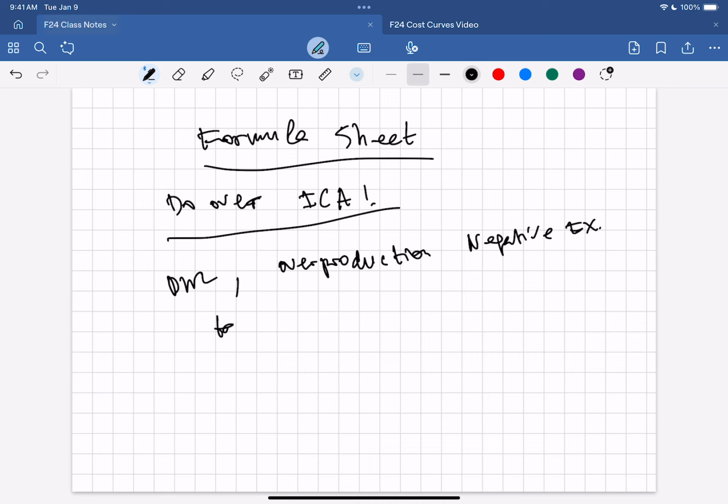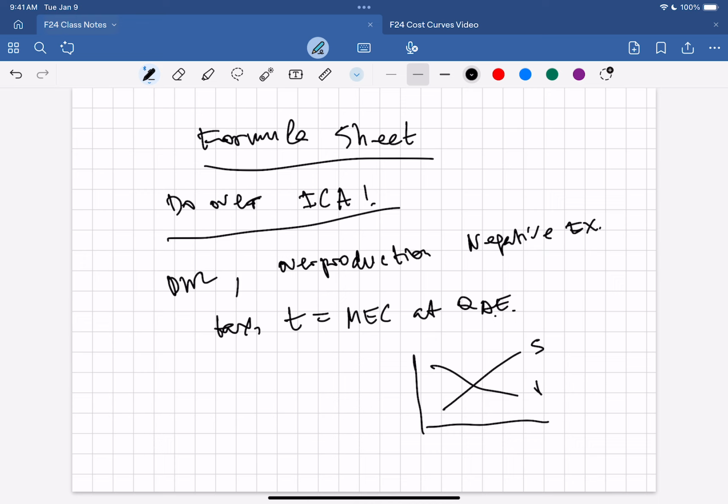So we talked about taxes. You need to know what tax should be equal to. Quick reminder, it should be equal to marginal external cost at the point of allocative efficiency. So if this is your marginal private cost and marginal private benefit, and we're talking about negative externalities, then that will be your marginal social cost.